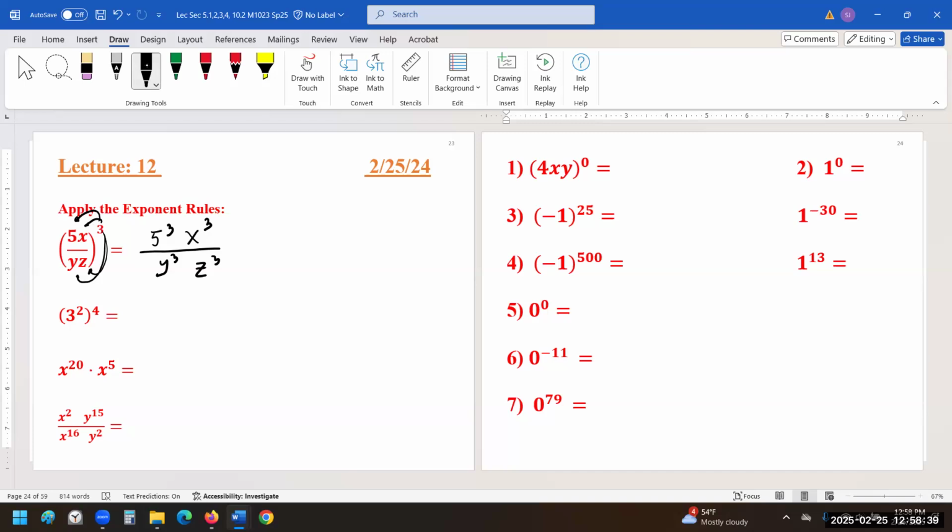Good job. And we can go one more because we know what is 5 cubed, right? 5 times 5 times 5, 125. And then x cubed, y cubed, z cubed, we have no idea what they are.